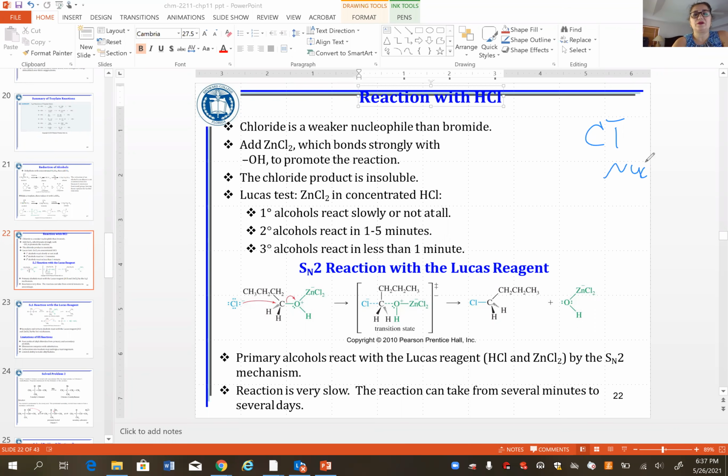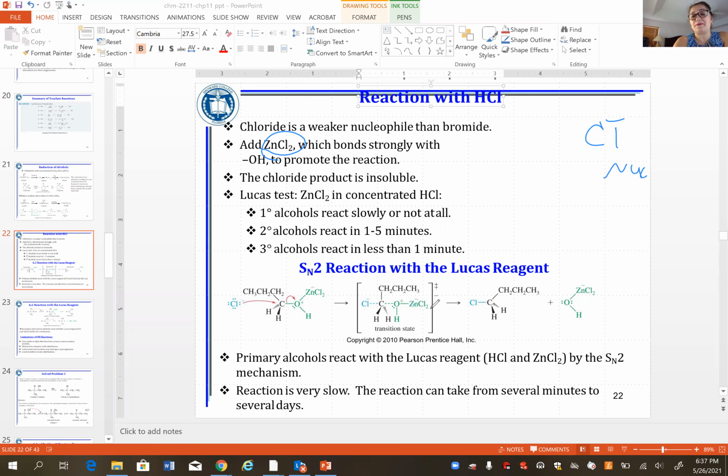So we bring in zinc chloride, which bonds to the OH. The zinc chloride forms a bond with the oxygen of the alcohol.